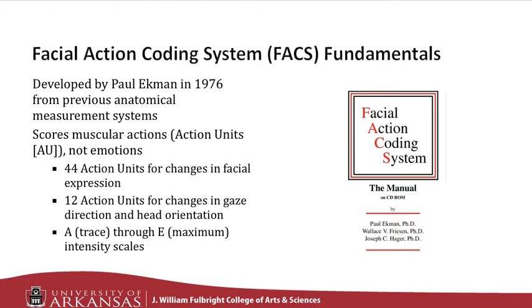FACS is increasingly being used to measure such things as marketing effectiveness, as well as learning and comprehension. It is also used by human resource professionals for interviewing, detecting deception, and building nonverbal leadership skills.